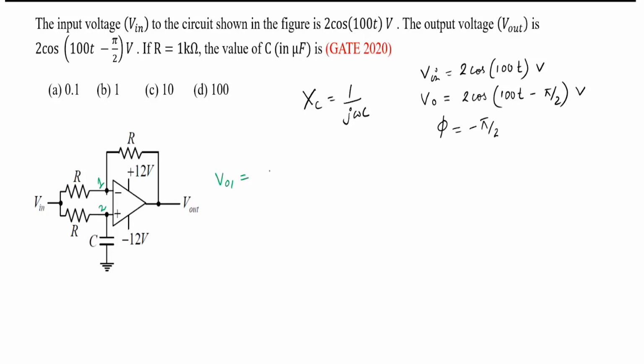Yes, sir. So in that case, V01 will be equal to what? Minus R into V in divided by R, which is equal to minus V in. Yes? Are you able to follow this?